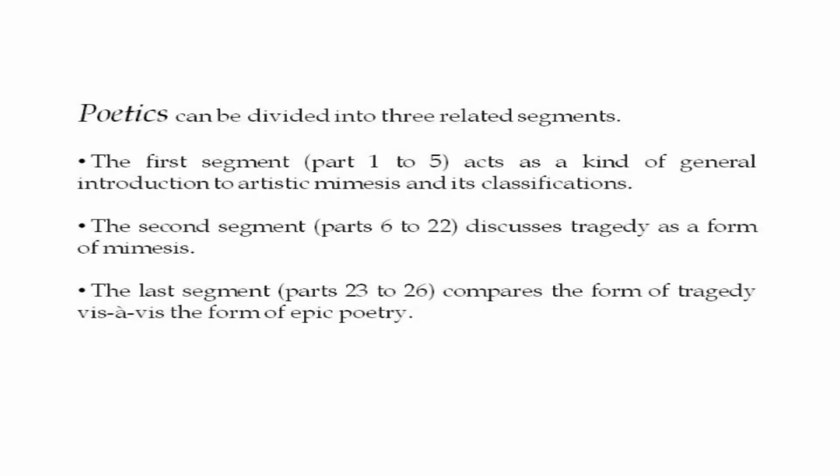The second segment, covering chapters 6 to 22, discusses in detail tragedy as a form of mimesis. And the last segment, covering chapters 23 to 26, situates the form of tragedy vis-a-vis the form of epic poetry and presents us with a comparative study between these two forms.